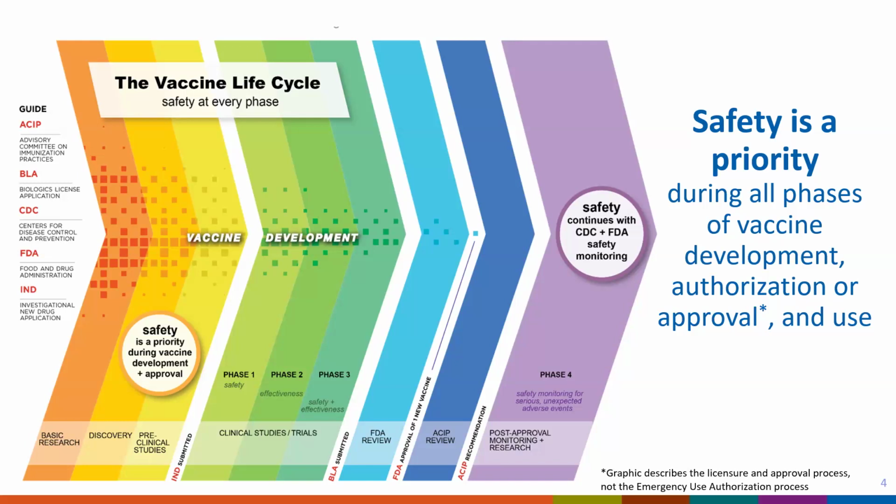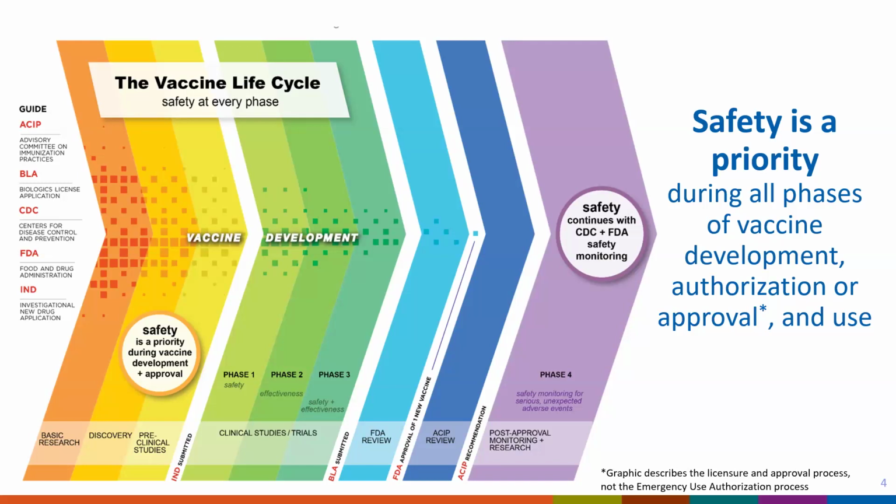They're randomized and double-blind. The goal is to assess vaccine efficacy and safety, and to detect rare adverse events, if possible, that couldn't be detected in the first 2 phases. If the vaccine proves to be safe and effective in a phase 3 trial, the vaccine developer will submit what's called a biologics license application, BLA, to the FDA, who will then make a decision on approval and licensure of the vaccine.